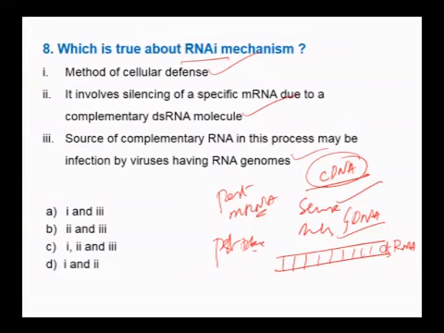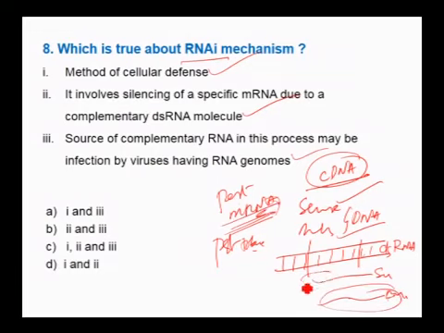So these double stranded RNA are in turn broken into small pieces by an enzyme complex, which in turn gets separated into sense and antisense strands. So among these two strands, any one of them is complementary to the pest mRNA.